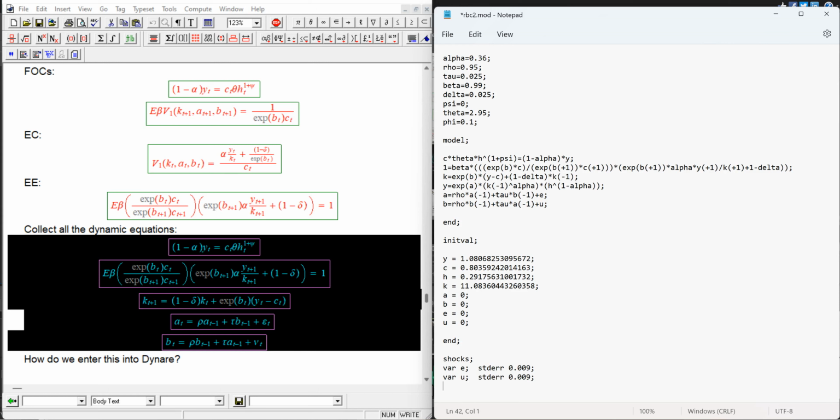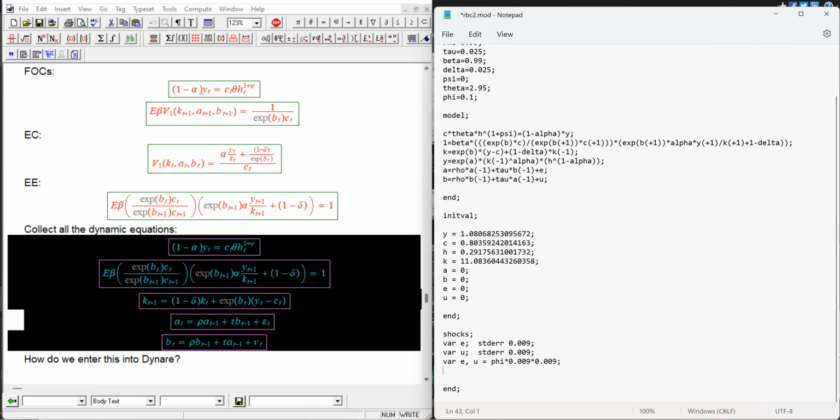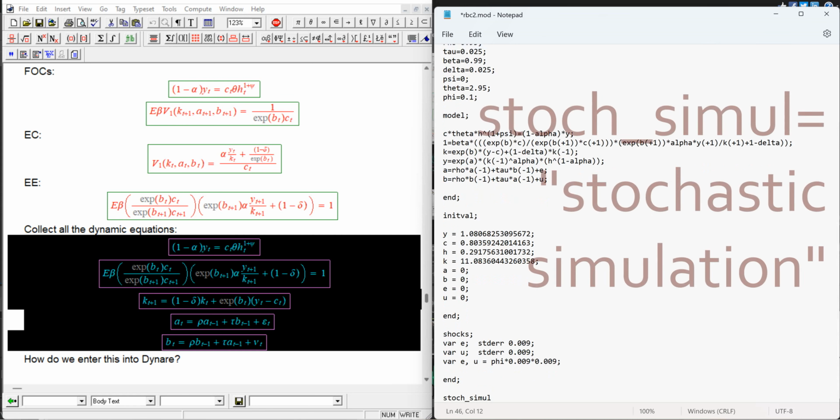And then we need to write down the covariance. So we write var of e comma u is equal to phi times, remember the standard errors of the two things, we end the shocks part and we write stoch simul like that, and we're done.